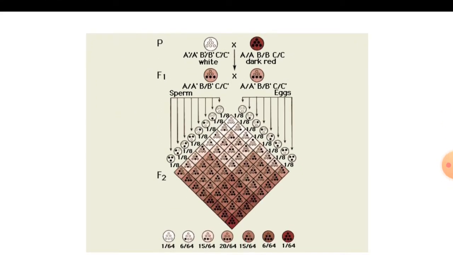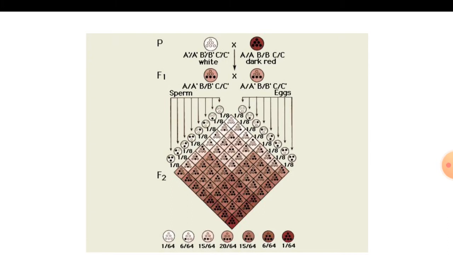Here now you can see the cross with the three genes showing. This is the same thing shown in a slightly different manner, starting from the parental generation and then coming to the gamete formation, F1 generation, and then coming down to the F2 generation.